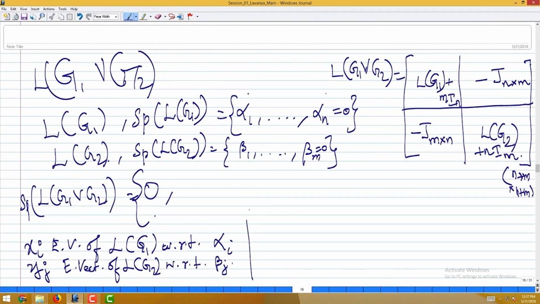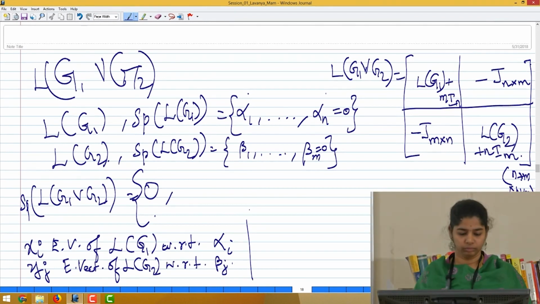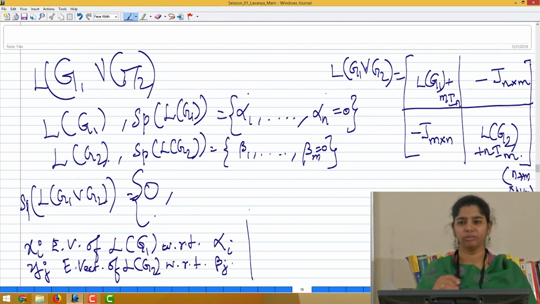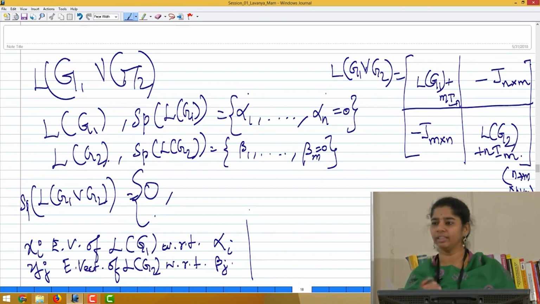So, is there any guess first of all, what should be my eigenvalue given these things? Given alpha i's and beta j's, can I make at least some wild guess that this can be an eigenvalue? That is why I gave you some more clue also about the eigenvector. Can you use that?